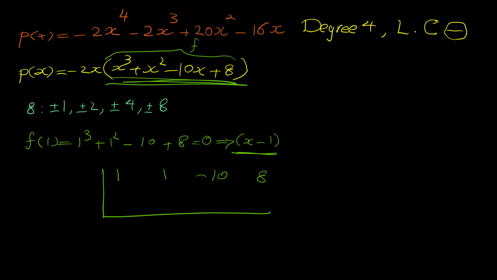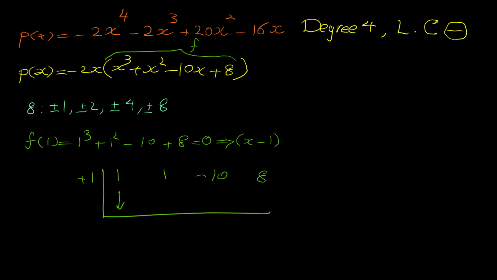And from this binomial, we always put the opposite sign of this number here in the synthetic division method. If you don't remember the synthetic division method, watch my video about it, or watch the intro video for polynomials.